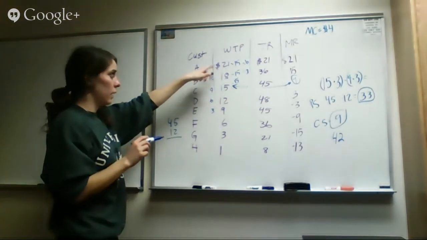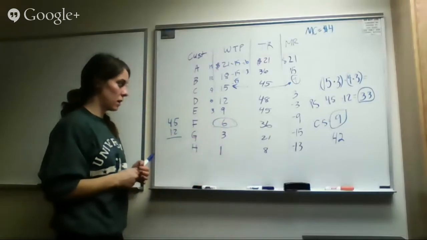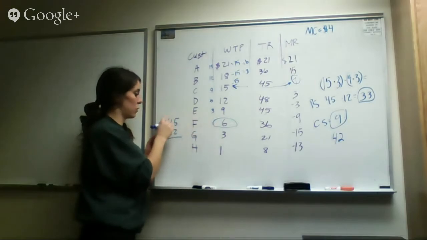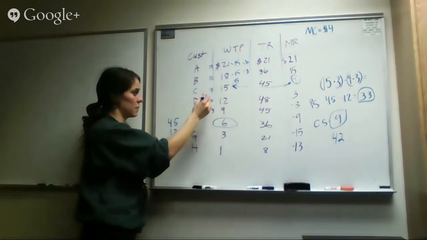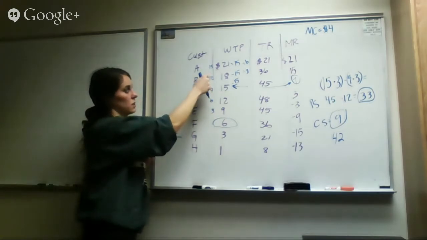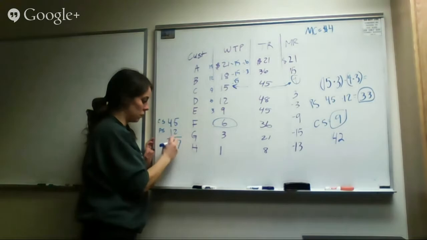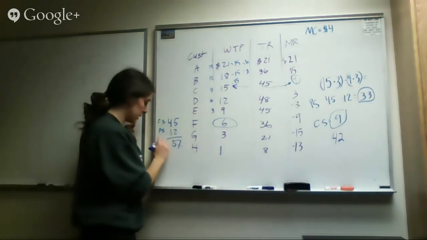Before, when they were selling at the socially optimal place, they were selling at $6 a piece, and the total surplus for customers was 45, which was these numbers added up. We'd have 9 plus 9, which is 18, plus 30, 45. So this was consumer surplus before, and this was producer surplus before. And so before, when they were selling at the socially optimal point, it was 57 in total surplus.